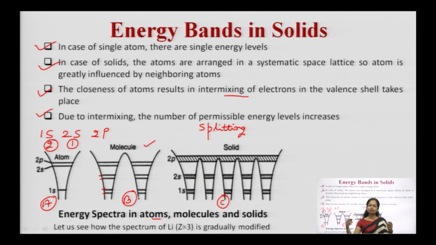But what will happen when the two atoms come closer? There will be a perturbance. Then the electron of one atom may occupy any of the levels. Here there was a single atom, but in this case there are two atoms.